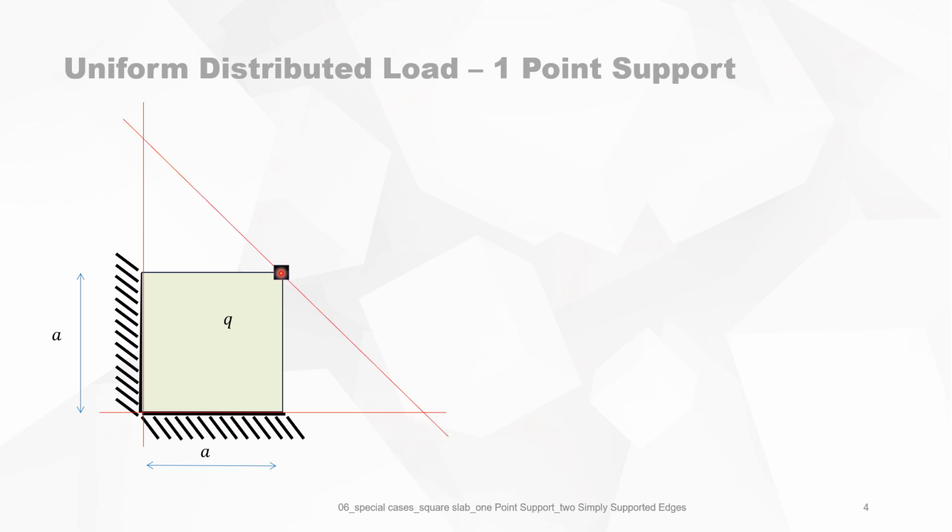But at this point support, there is also an axis of rotation, but it can go in any direction. So this direction is not fixed. But because of symmetry around this axis, we know that the optimum is 45 degrees. This is because the support of the slab is also symmetric around this axis.